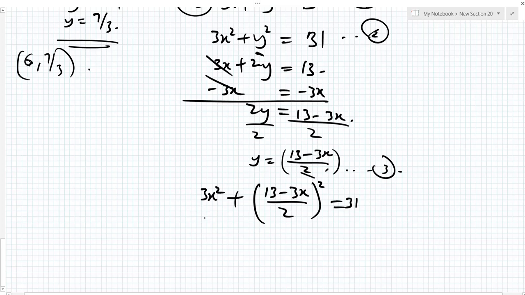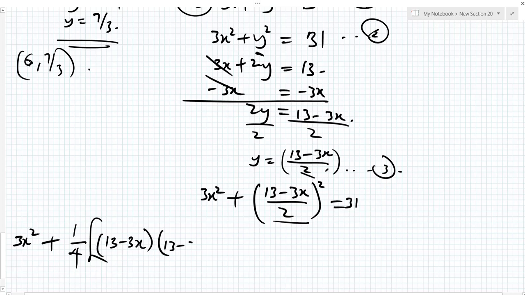So we'll now have 3x squared plus, if we expand this, this 2 here, if you square it, is 1 over 4. Let me just say 1 over 4, bracket open, 13 minus 3x times 13 minus 3x equal to 31.